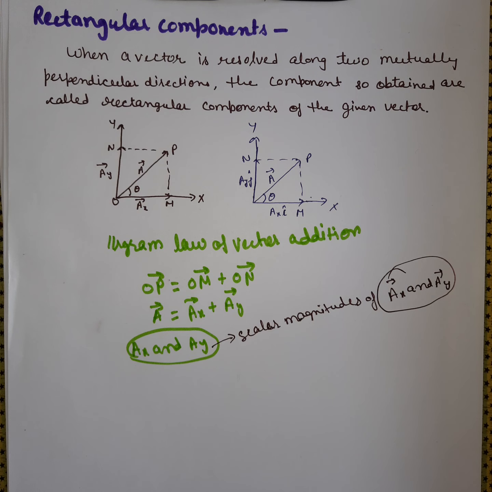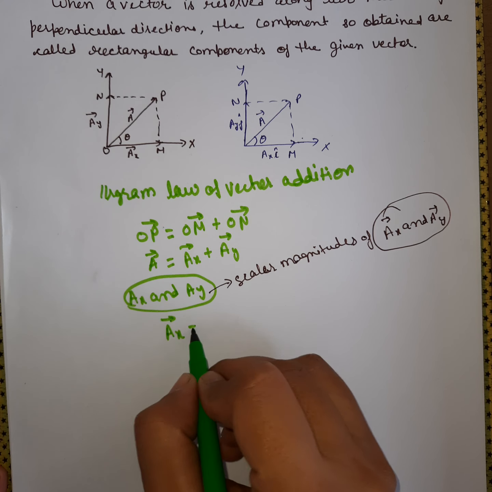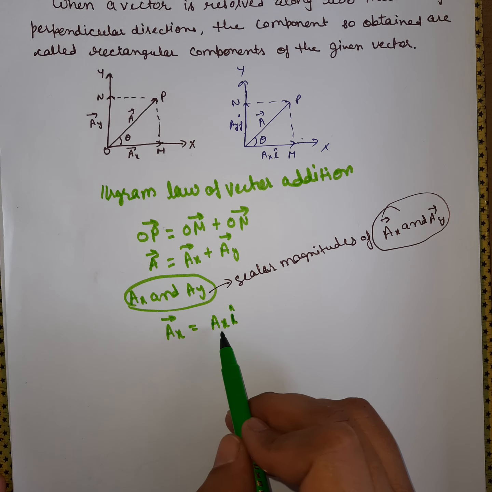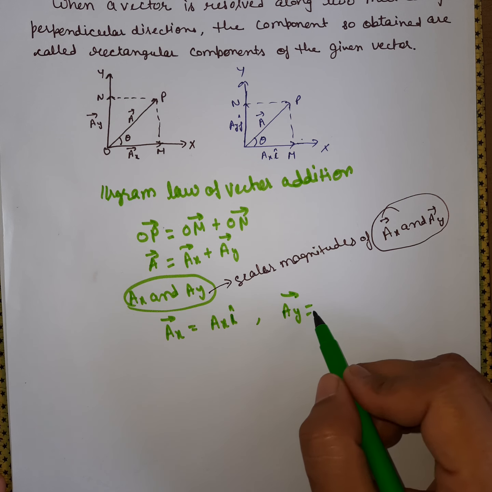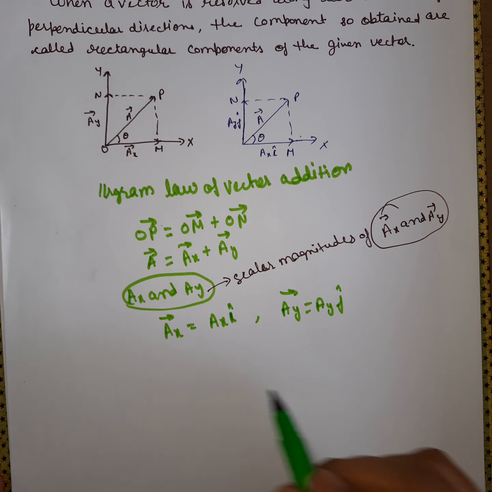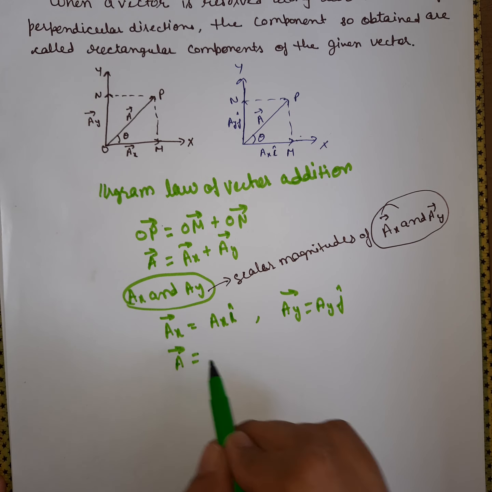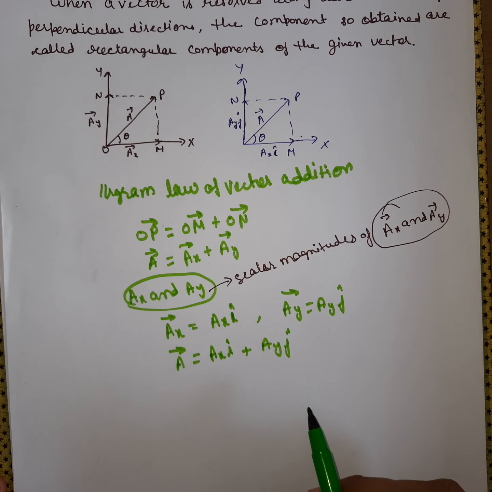These are their scalar magnitudes. So we can write AX vector is equal to AX i cap, where AX is the scalar magnitude, and the same way AY vector is equal to AY j cap, or A vector is AX i cap plus AY j cap.